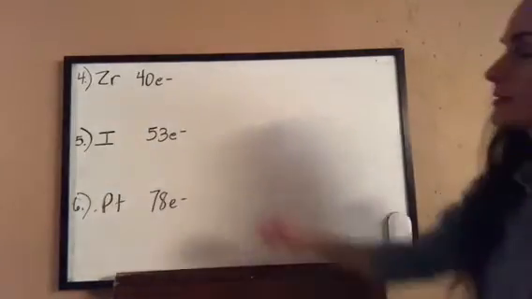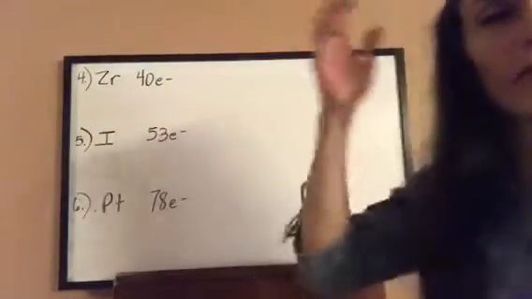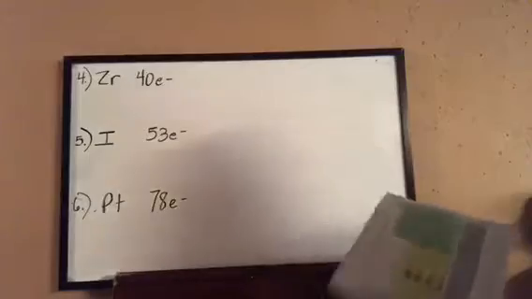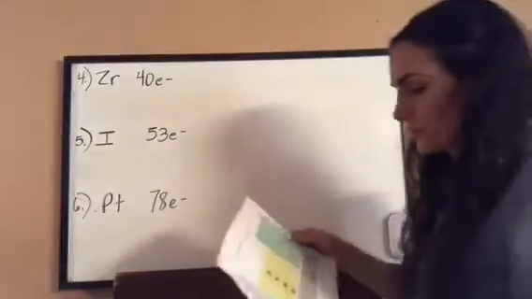Find the noble gas that precedes the element in question and then follow along with the sublevels up to and including that element. Zirconium has 40 electrons.